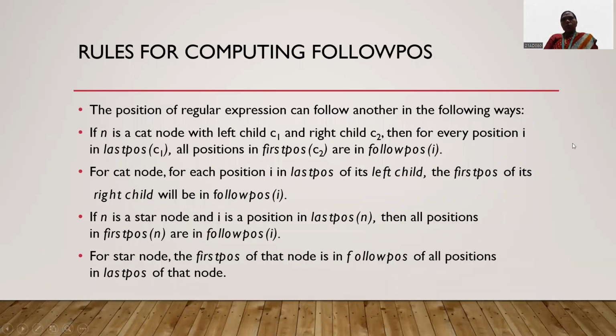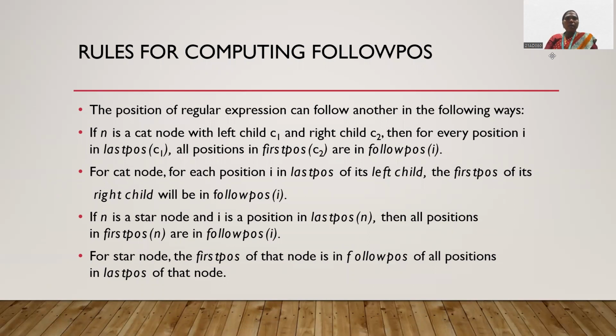Now let us see the rules for computing the followpos. A position of the regular expression can follow another in the following ways. This is a rule. If n is a cat node with left child C1 and right child C2, then for every position i in lastpos of C1, all positions in firstpos of C2 are in followpos of i.